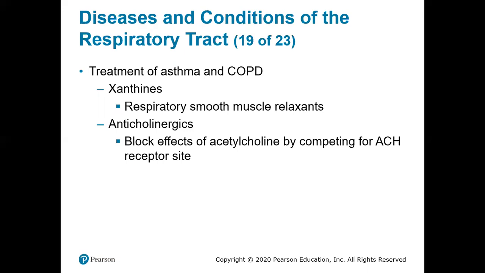So still on the treatment of asthma and COPD, they will also use xanthines, which are respiratory smooth muscle relaxants, and anticholinergics, which block the effects of acetylcholine by competing for the ACh receptor site.